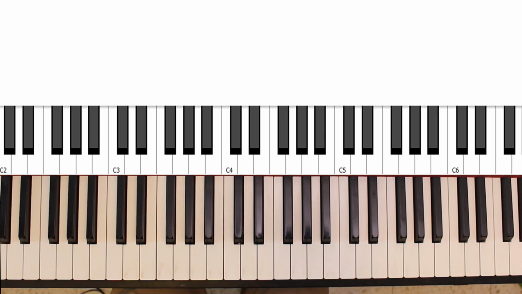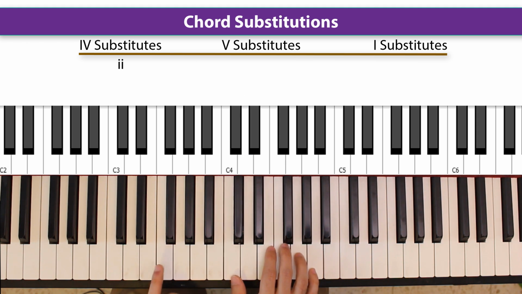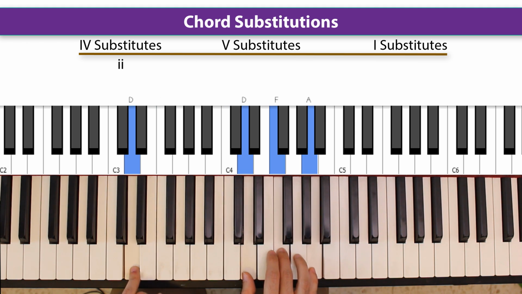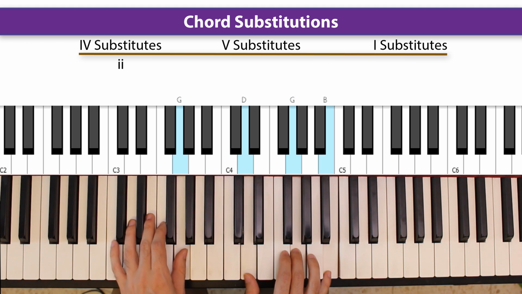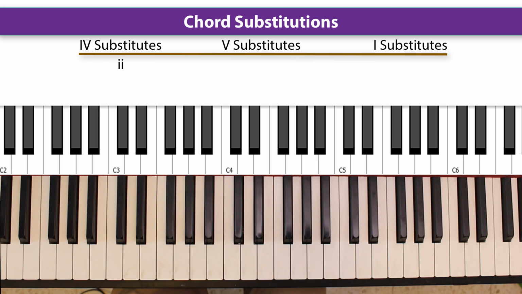And the 4 chord has actually one substitution, which is the 2. In the key of C major, it's a D minor. So instead of playing an F major, we can substitute a 2 minor, a D minor in the key of C, because a D minor also wants to resolve to the 5, which can then resolve to the tonic.